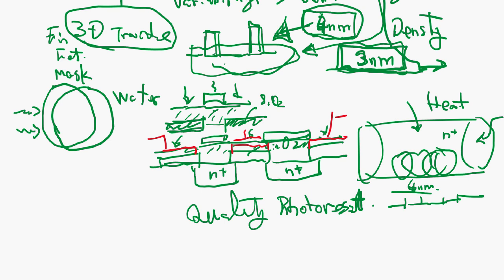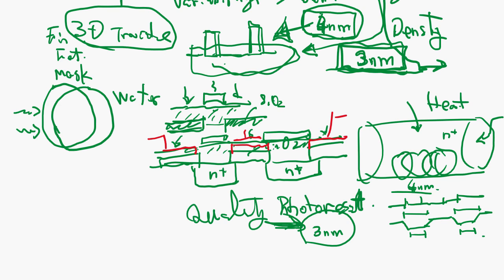It should be 3 nanometers, because in the etching, the edge becomes like that, right? And this distance and this distance become so different. Okay, so the photoresist quality also has to be improved in order to make smaller 3 nanometer transistor fine patterns.